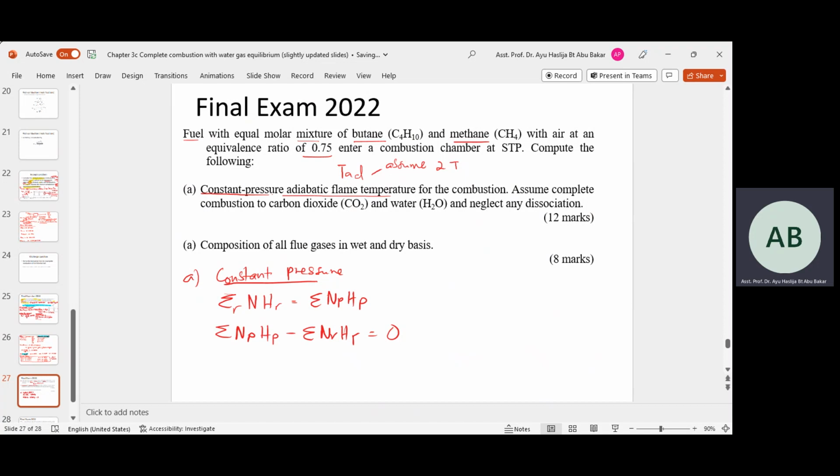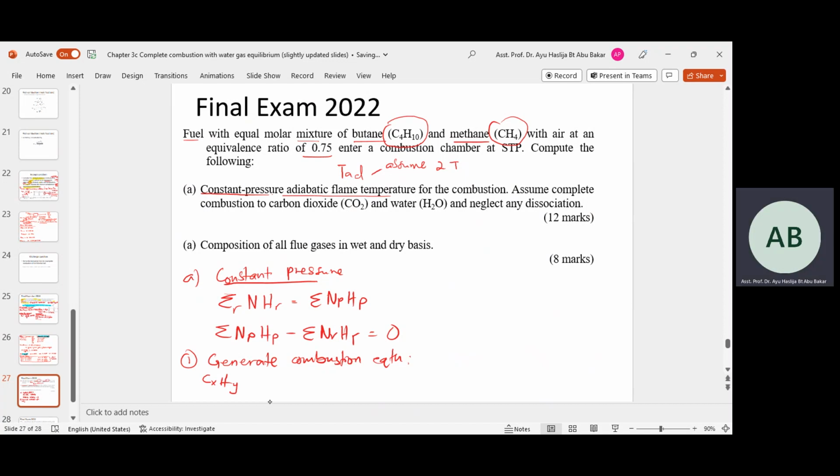Okay, as always, first step, you need to generate the combustion equation, where your fuel is a mixture of this. I advise you to find one chemical formula of the mixture, where you have a certain number of X and Y over here, in order to ease your calculation.